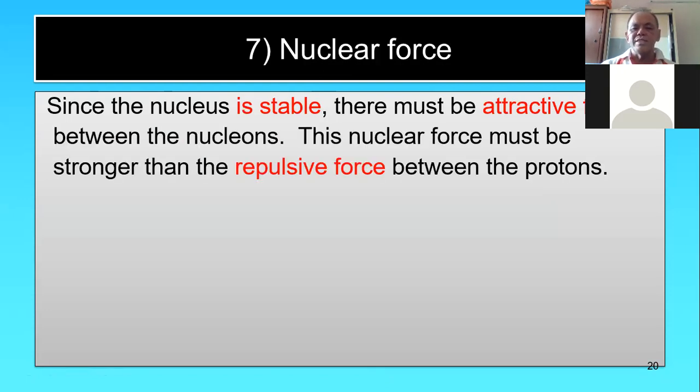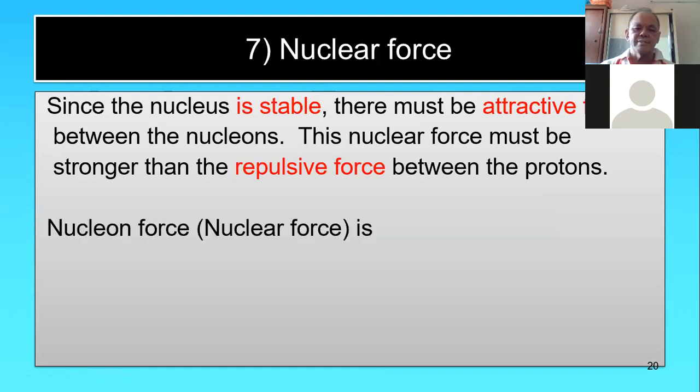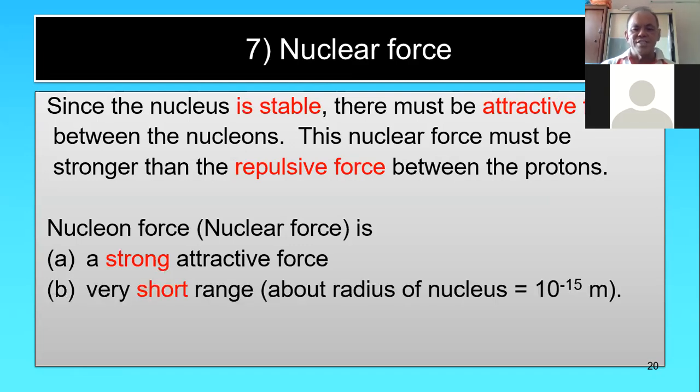Right? So we call this nuclear force. It must be stronger than the repulsive force between the protons. So we call this nucleon force or nuclear force. Basically, it is a strong attractive force. Short range, right? It just exists within the nucleus. Outside is zero.